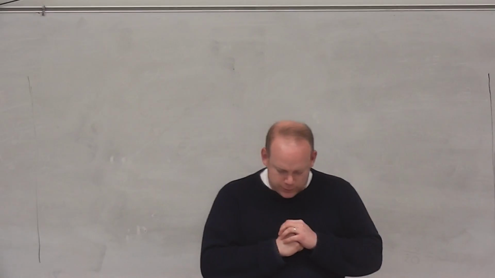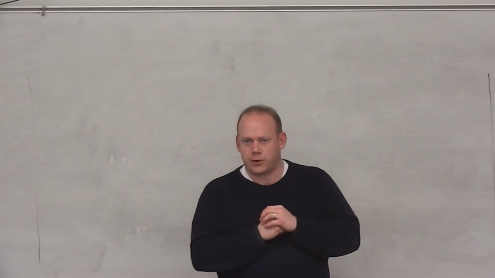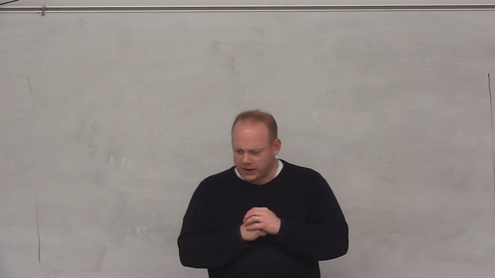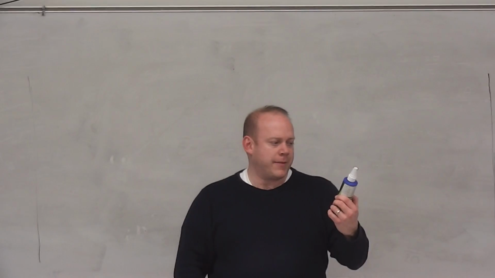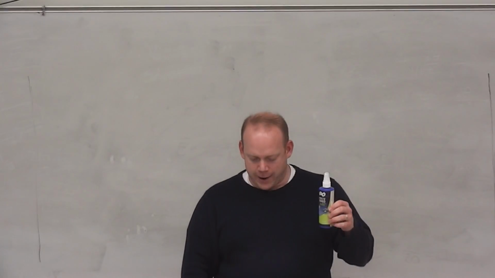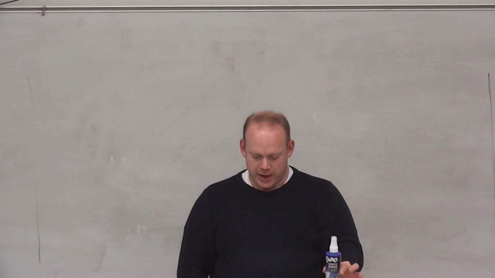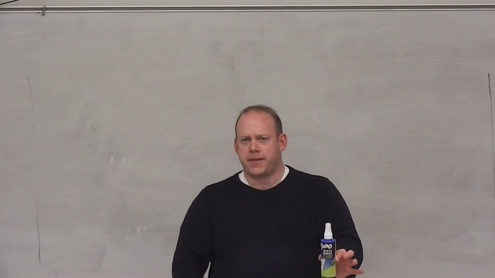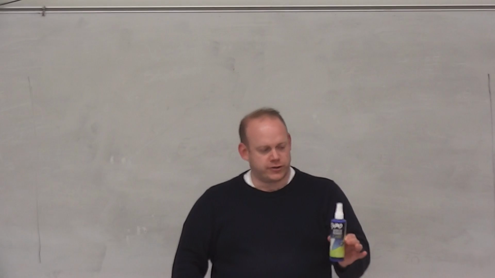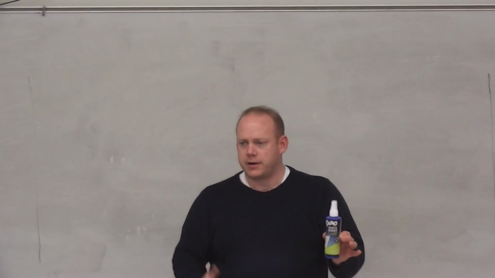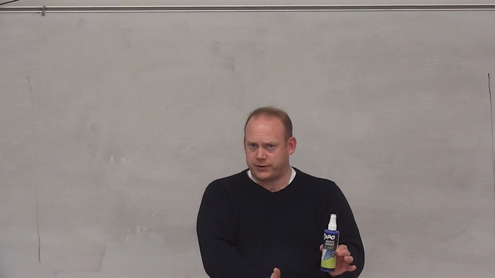If we're talking about gravity, let's say I take a nice little handy object here, my Expo whiteboard cleaner. I take this and I lower it down. Now think about this. What happened to the potential energy of this as it lowered down? Potential energy decreased.